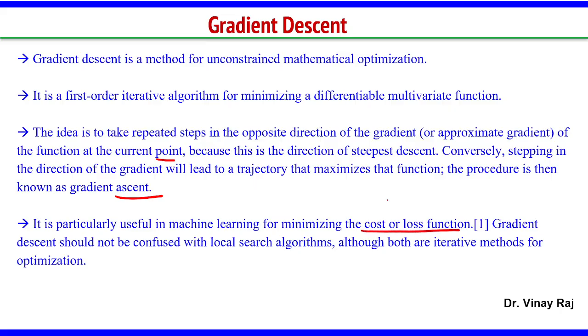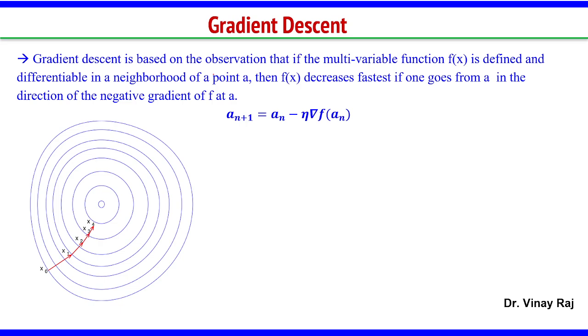Generally it is based on the observation that if the multivariable function f of x is defined and differentiable in a neighborhood of a point A, then f of x decreases fastest in the direction of the negative gradient. So it uses this: the new value is equal to the old value minus the step size.